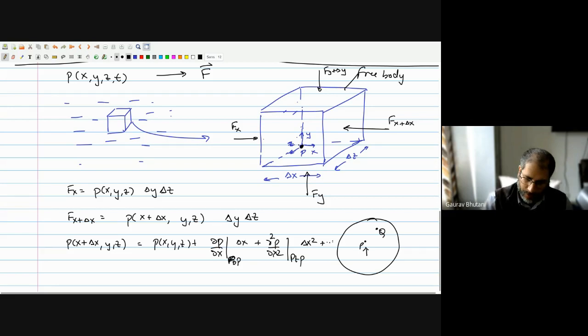So I was able to find the value of pressure at x plus delta x using the pressure at x plus all the derivatives of pressure at x.